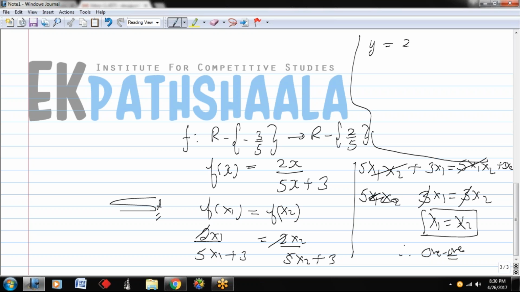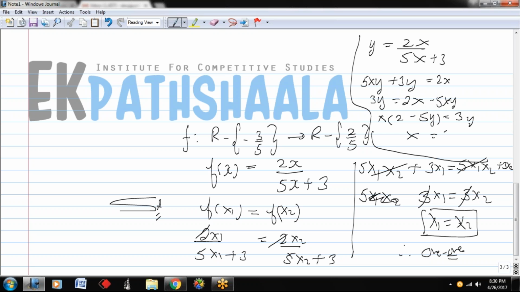For this other part, I'm proving it here only. Let us take y is equals to 2x upon 5x plus 3. Cross multiply. This becomes 5xy plus 3y is equals to 2x. So 3y will be 2x minus 5xy. Let us take x common. It becomes x into 2 minus 5y equals to 3y. So x becomes 3y upon 2 minus 5y.